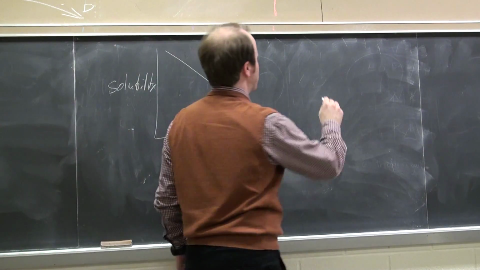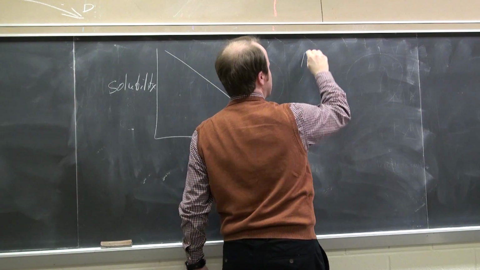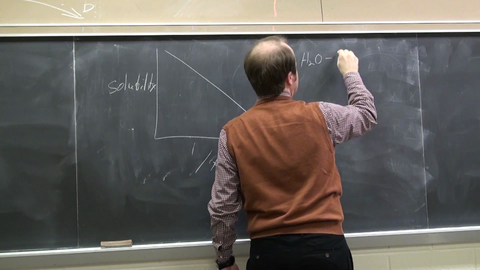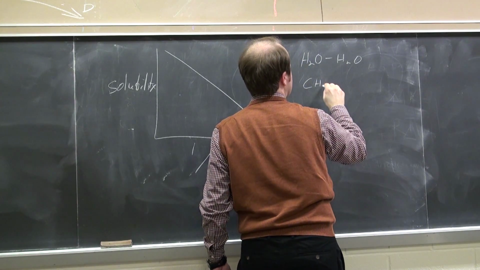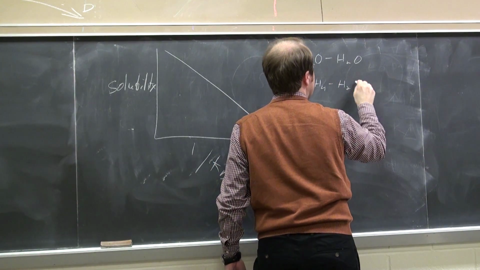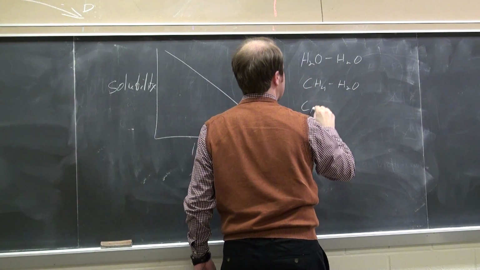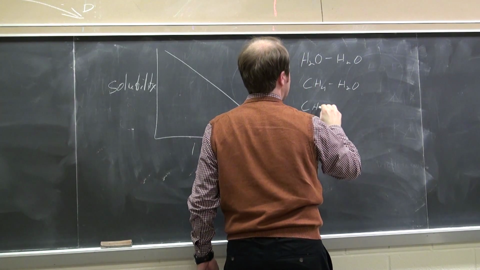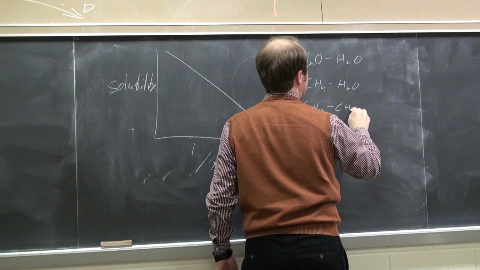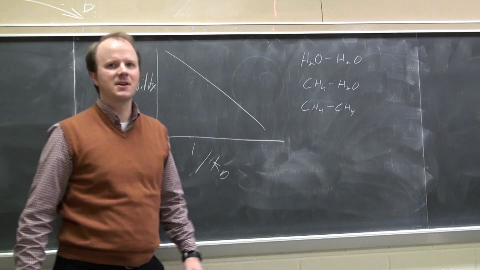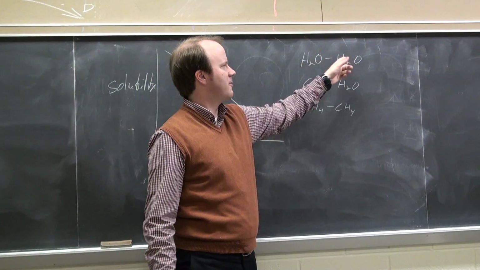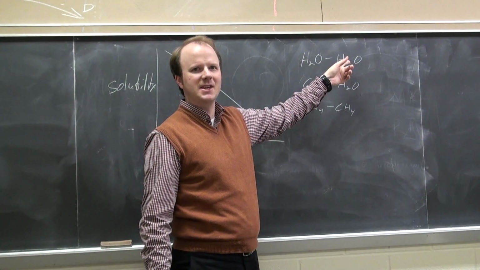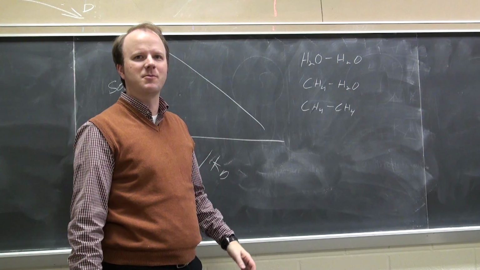You also need to think about the example, especially where we have water versus methane, water versus methane interactions. We looked at the pairing energy of water versus water. It was something like negative 114 kilojoules per mole.